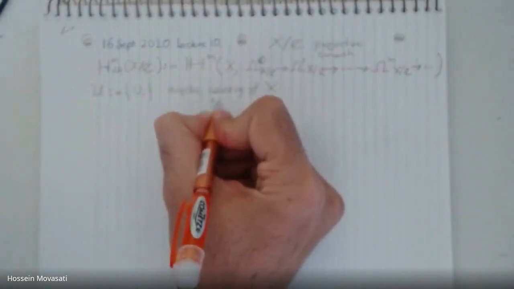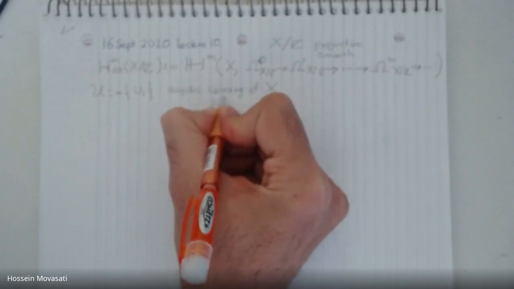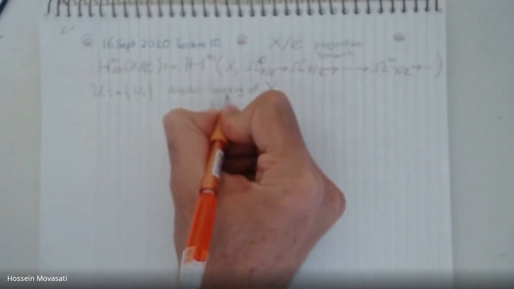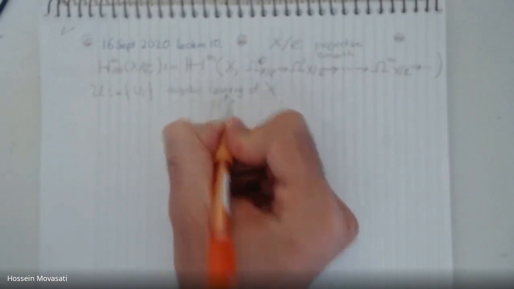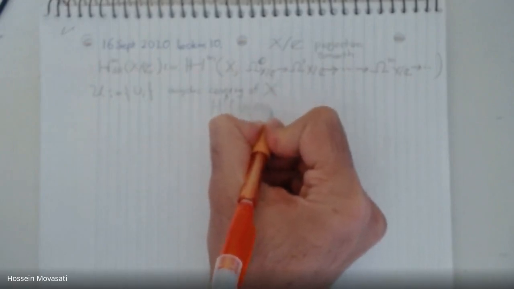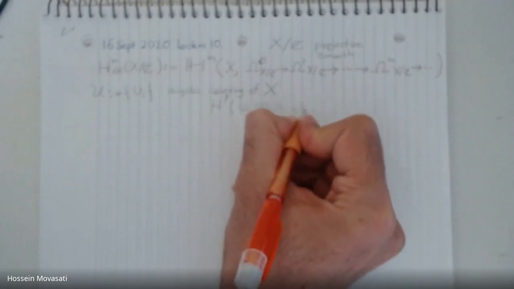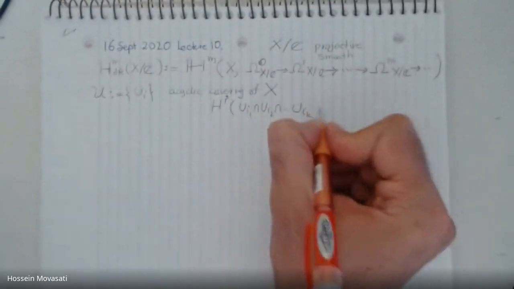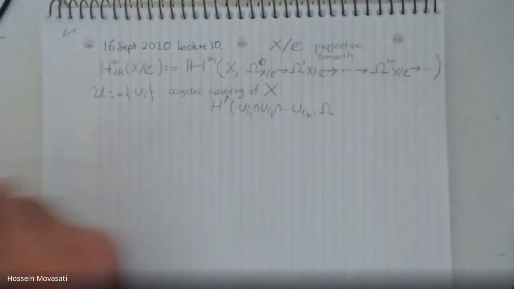This means that all the cohomologies of U_{i1} intersected with U_{i2}, and so on up to U_{ik}, and all the shifts, vanish.